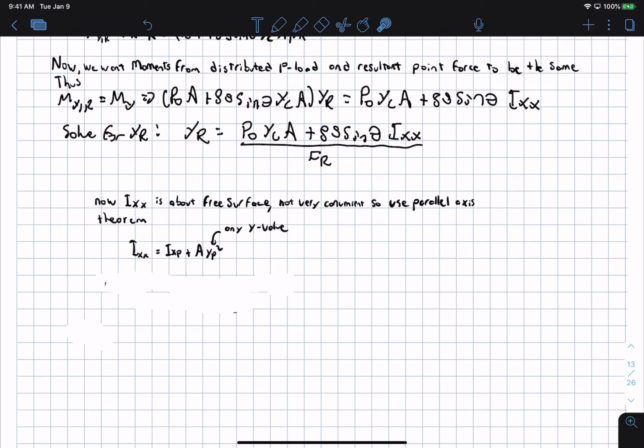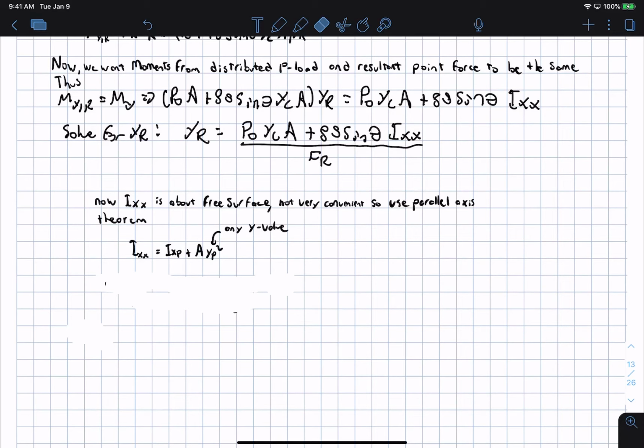Okay? And so recall the parallel axis theorem states that if IXX is with respect to 0, you can relate that to the moment of inertia about any point plus the area times the y value of that point squared. And this is any y value.